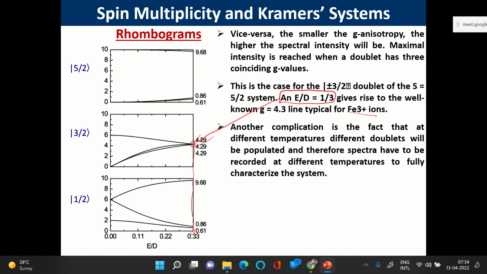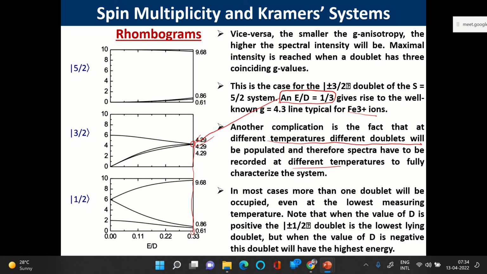At different temperatures, different doublets will be populated. So you can record the spectrum at different temperatures to fully characterize the system. Which one will be more populated?